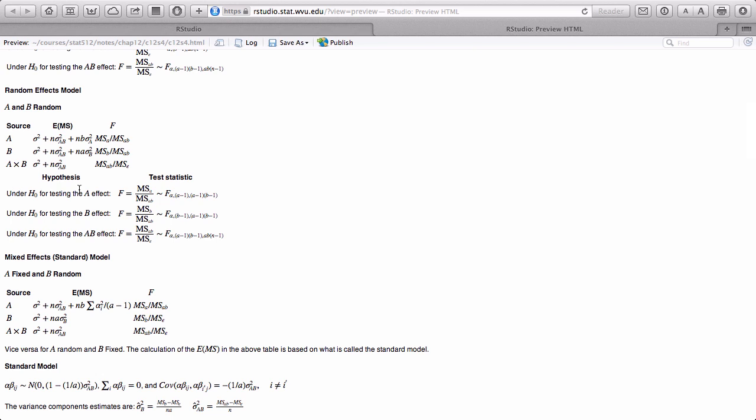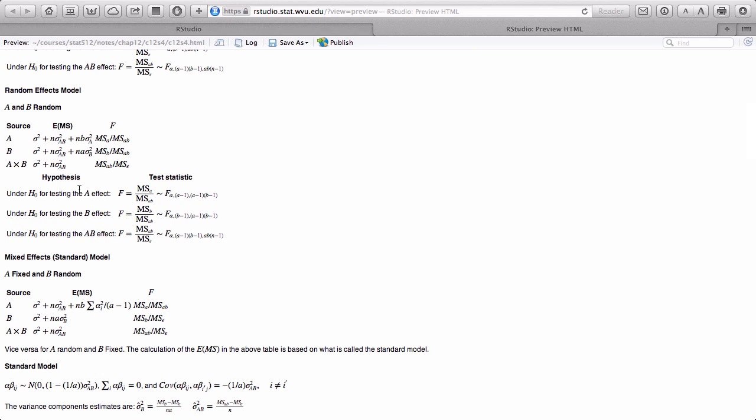So in other words, the sigma squared plus n times sigma squared sub AB plus, again, since they're both random, it will be some function of sigma squared sub A. And the second one has the interaction term plus a function of sigma squared sub B. And then the A by B is sigma squared plus n times sigma squared sub AB. The row I didn't write is for the residual, or the error, and it just has an expected mean square of sigma squared.